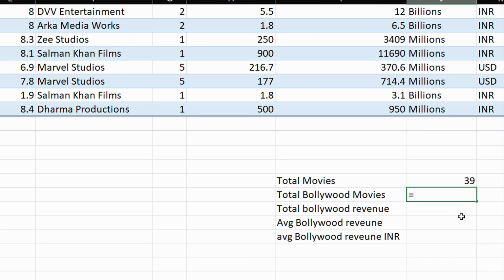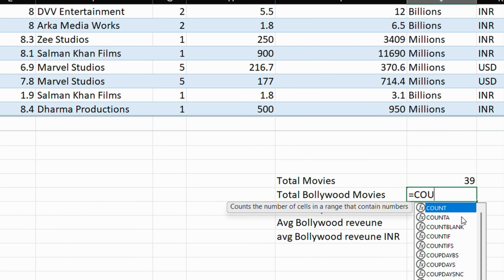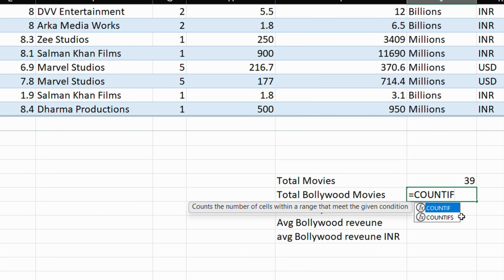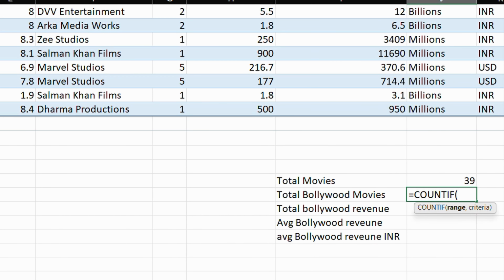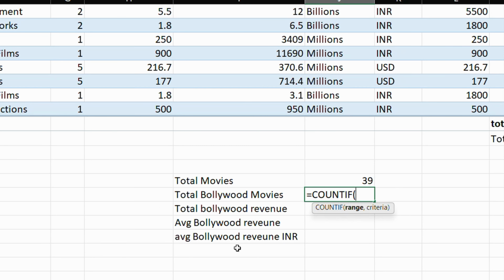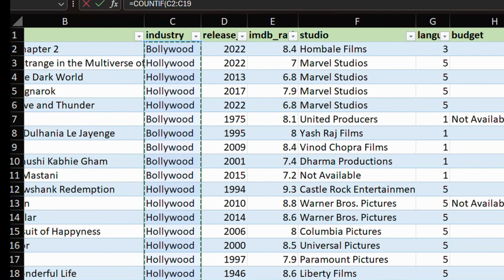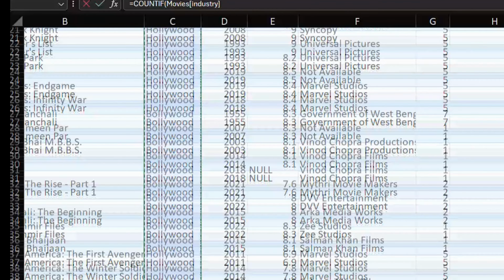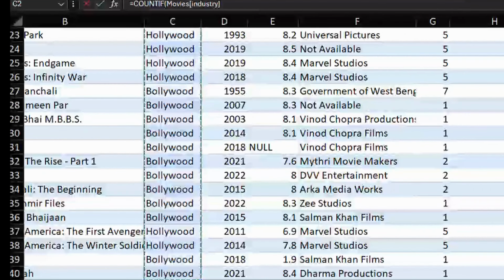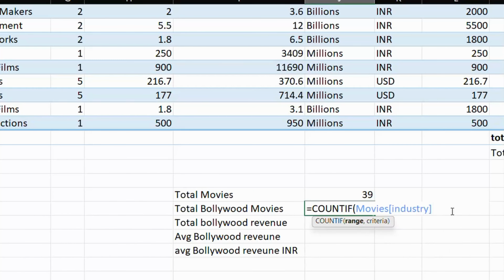So how to count only the Bollywood movies? For that you have one function that is called countif. Your range. Which one is the range? This one, equals to Bollywood.